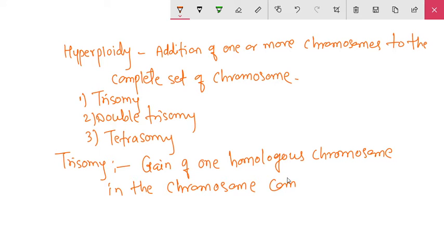Chromosome complement means the complete genetic setup of that organism. So in that chromosomal complement there is the addition or gain of one homologous chromosome.